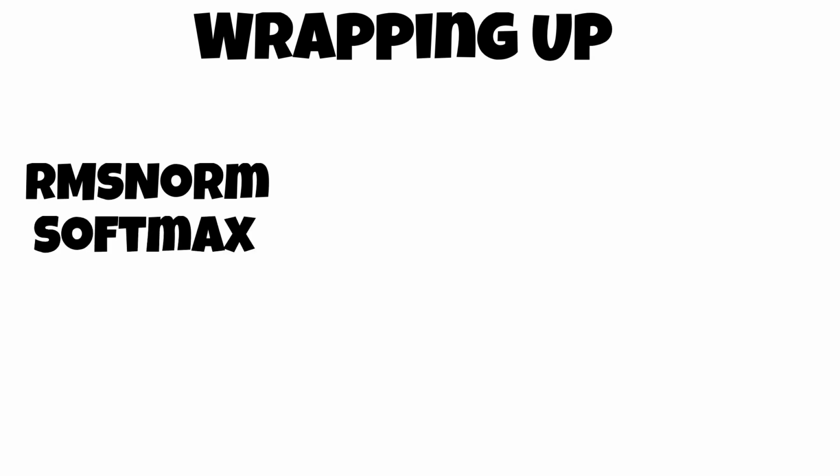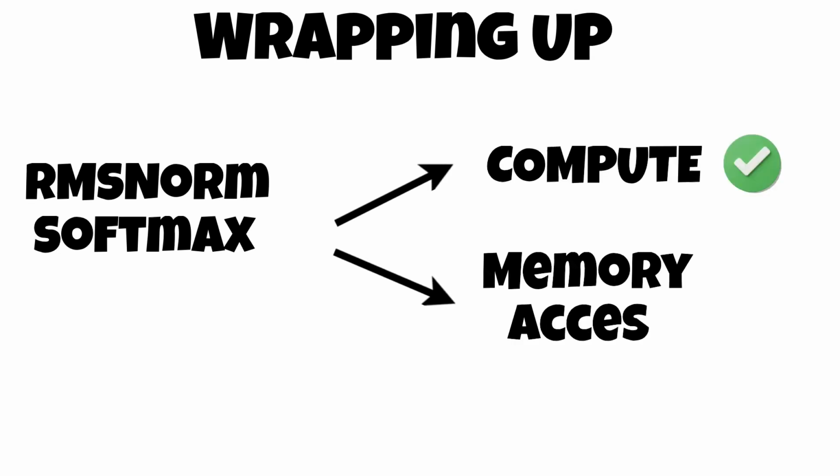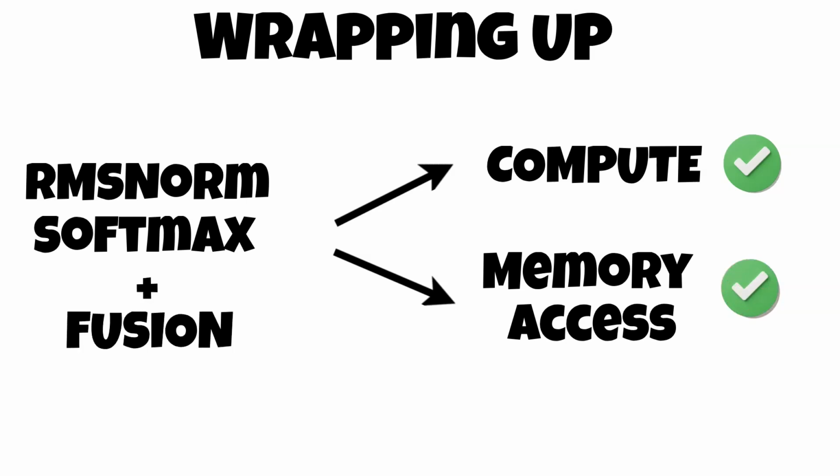For operations like RMSNorm and Softmax, compute is cheap, but memory access is expensive. Kernel fusion is the answer, combining operations to minimize memory round trips. The takeaway is simple. When we are memory bound, don't optimize the compute. Optimize the data movement. Fuse everything you can.